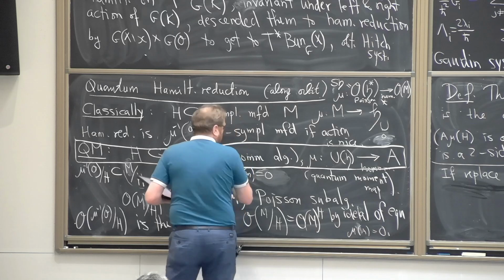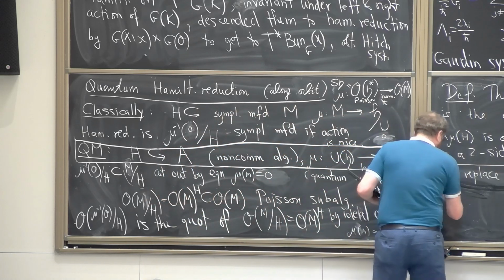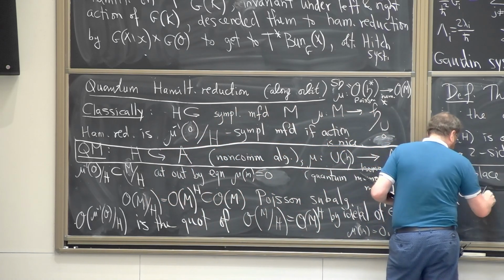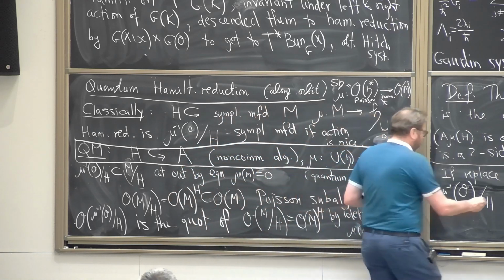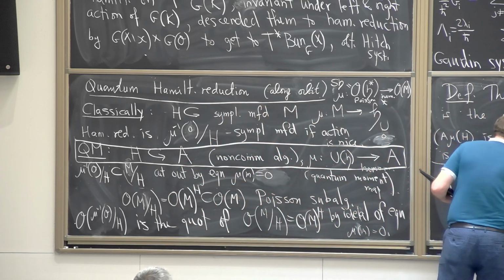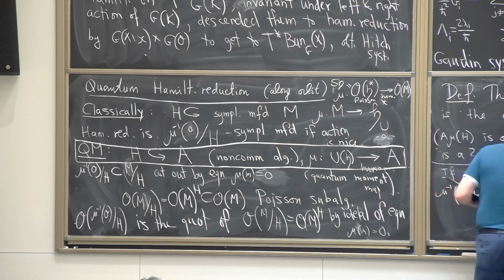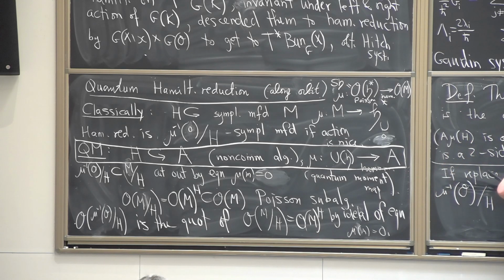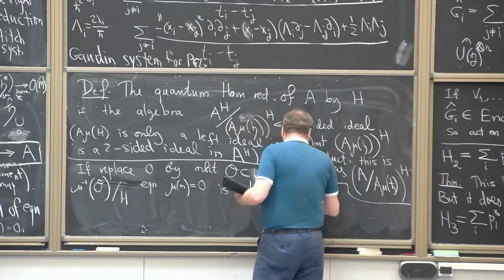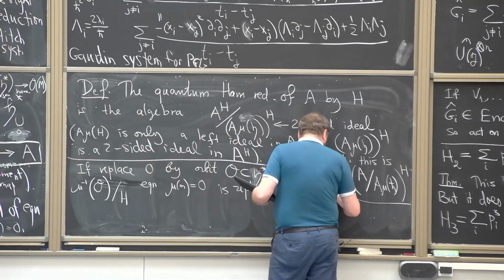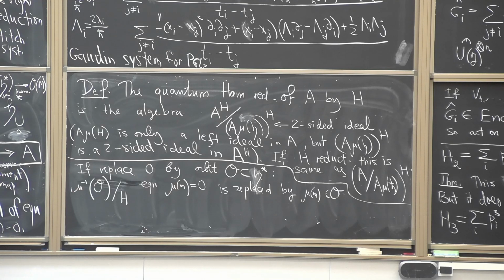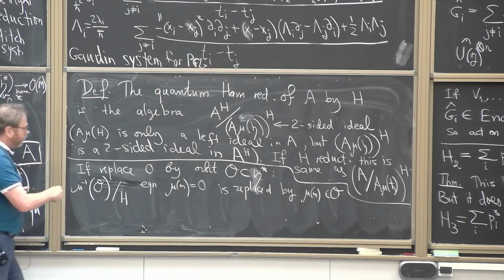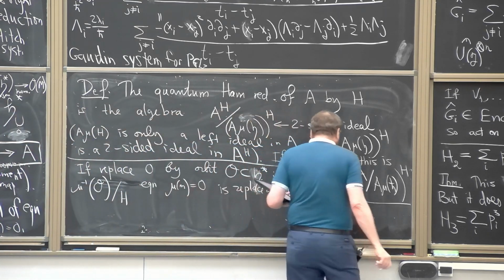Well, so we have mu inverse of O modulo H. So the equation mu of M equals 0 is replaced by mu of M belongs to O. And we cut out, so the quotient by the ideal generated by this relation.